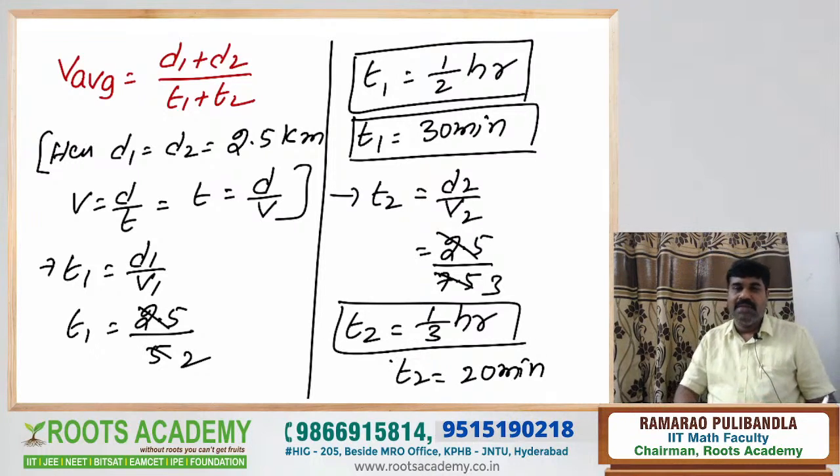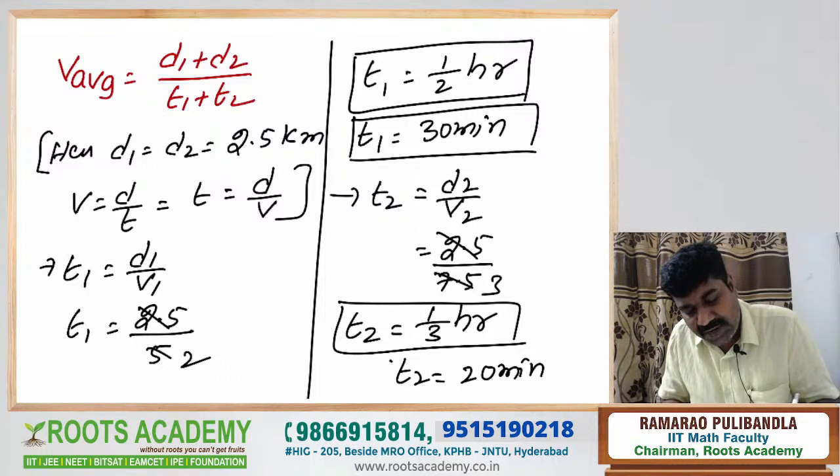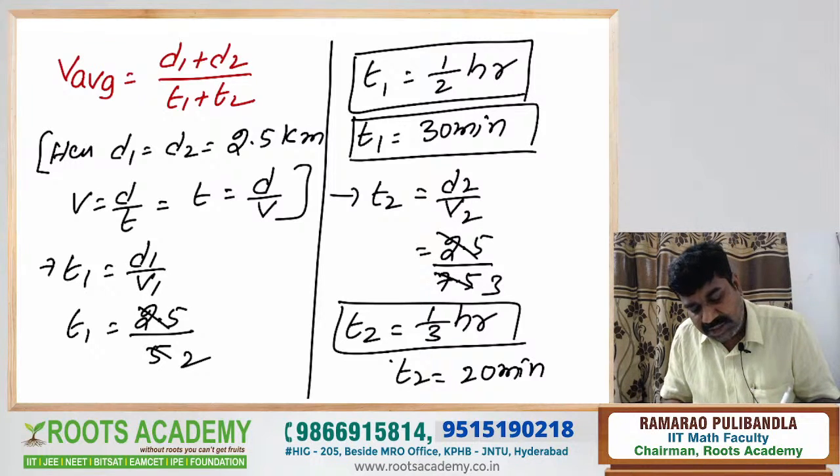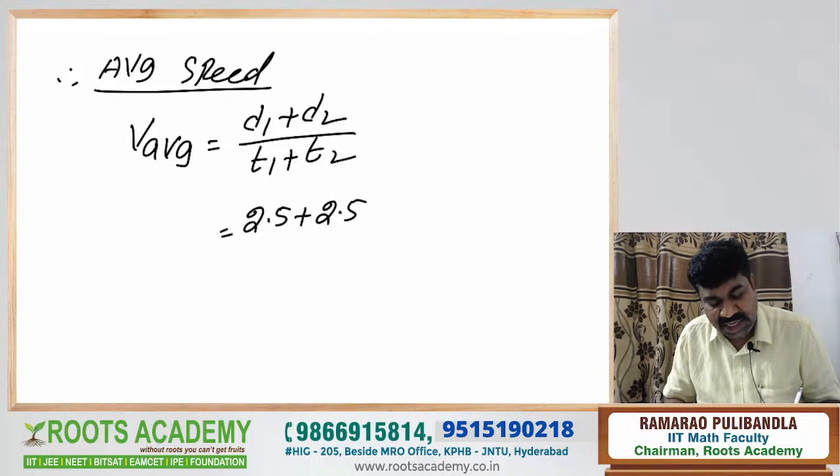Now we go for the average speed. Therefore, average speed V average is equal to d1 plus d2 by t1 plus t2. That is 2.5 plus 2.5 by 1 by 2 hour plus 1 by 3 hour.